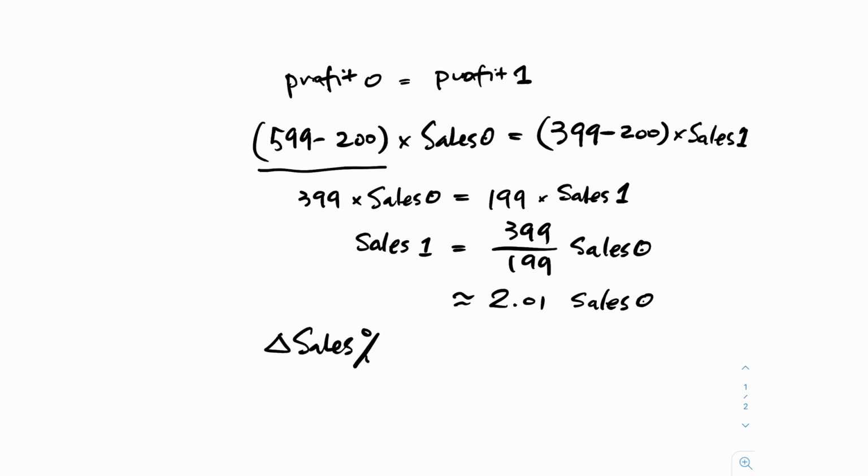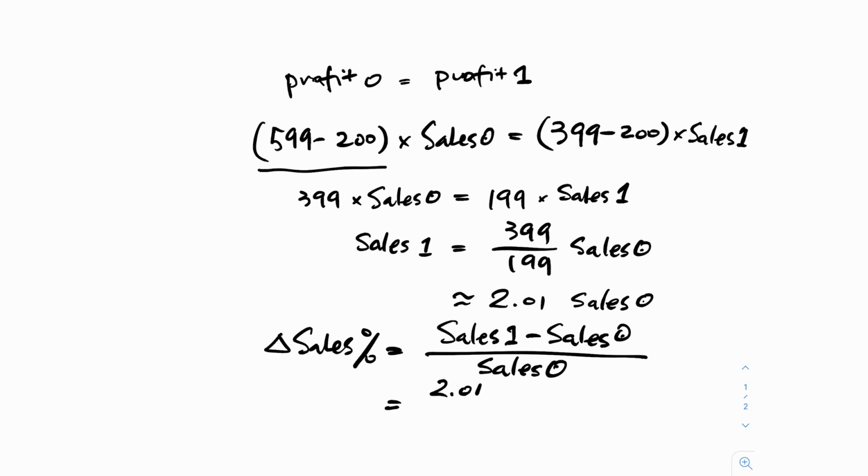So what percentage does demand have to go up for Apple to maintain the same profit level? In order to calculate the percentage, we have sales 1 minus sales 0 divided by sales 0. And in this case, based on what we have, we can find that at the end of the day, the demand has to go up by 101% for Apple to maintain the same profit level when they drop the price.